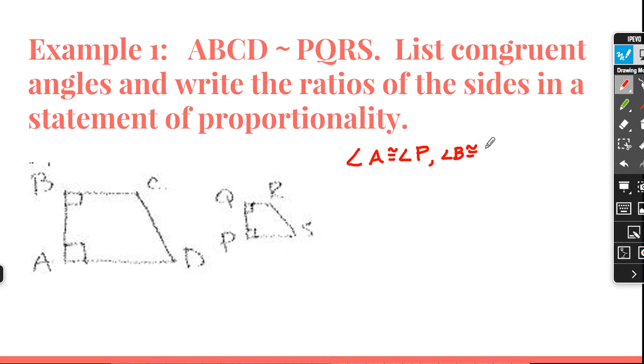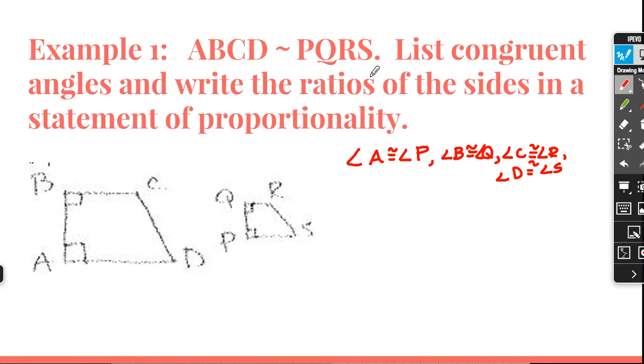Angle B is congruent to angle Q. Angle C will be congruent to angle R, and angle D will be congruent to angle S. So there are all of the angles in their congruent part.